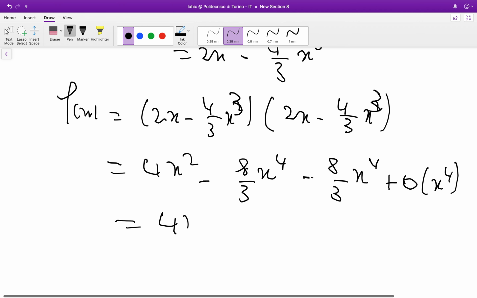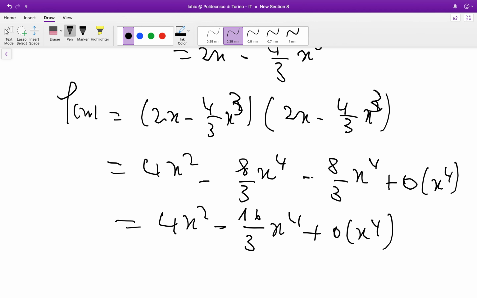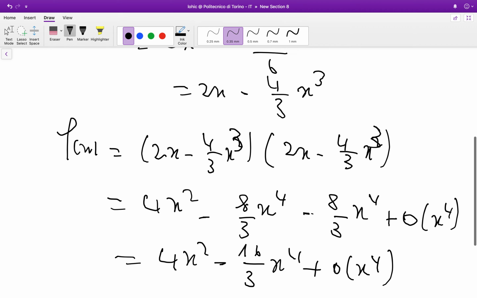That will be up to 4x squared minus 16 over 3 x^4 plus little o of x^4. This is the fourth order Maclaurin expansion of this function, right?